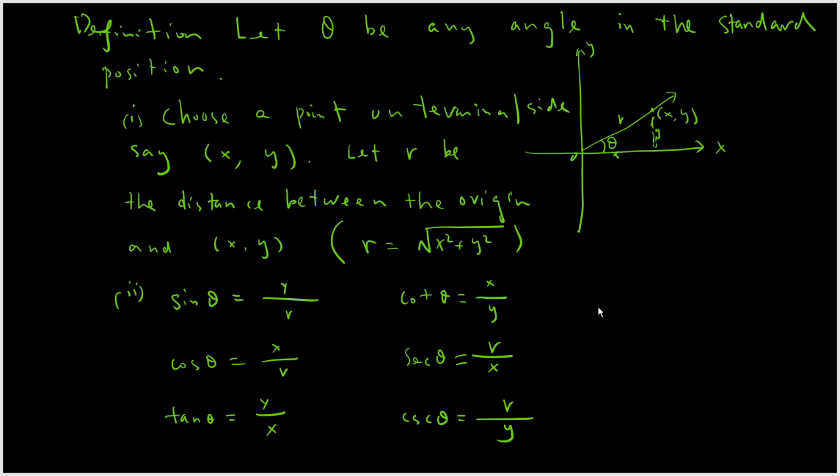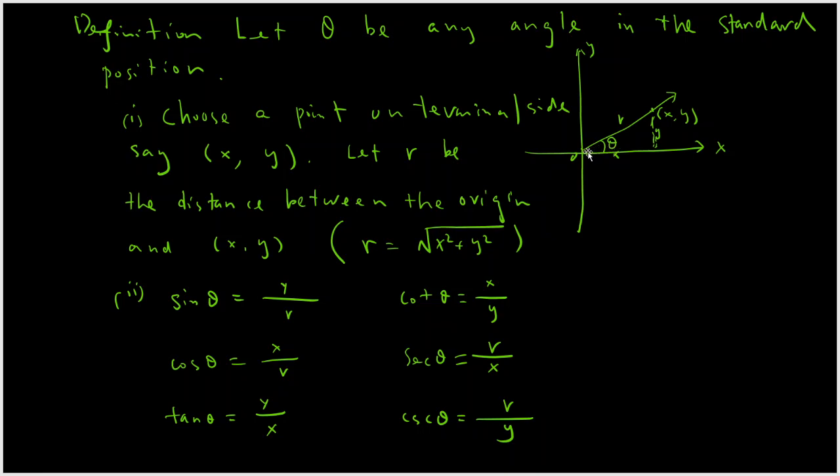I'm going to make more comments on why this definition is more general. According to the new definition, the angle is not necessarily an angle between 0 and 90 degrees. The angle can be any angle.